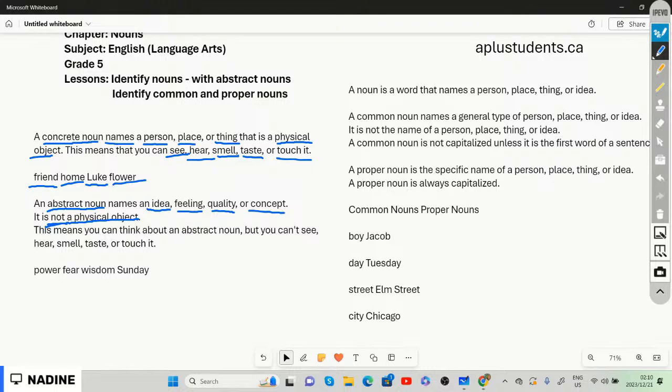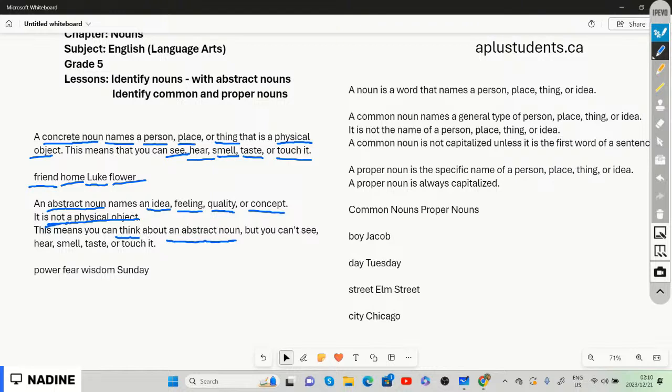You don't feel sad and then compare it to a brick, right? It's feelings, it's emotions. So we think about abstract nouns, they're thoughts.